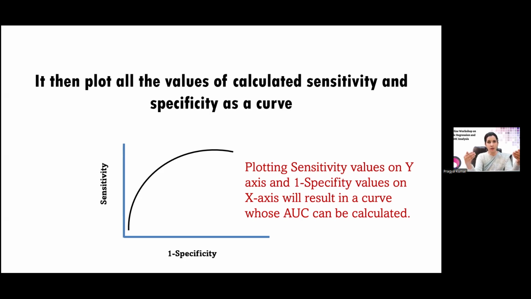You can do that also. I don't know whether any statistical package can plot that and give you the AUC, because ultimately our aim is to calculate the area under the curve. Mathematically it can be done, but it is not conventional. So will it be any different, ma'am, if I have 1 minus sensitivity on y and 1 minus specificity on the x-axis, and calculate the AUC?